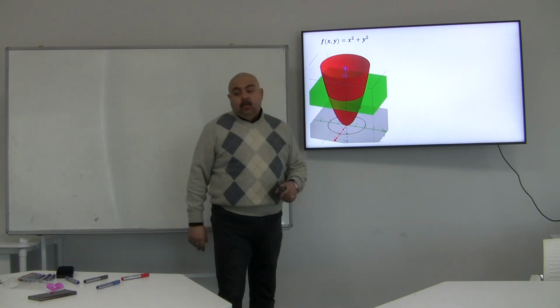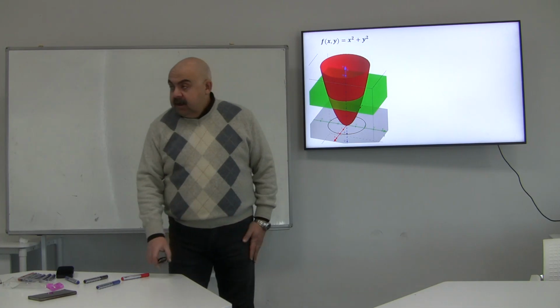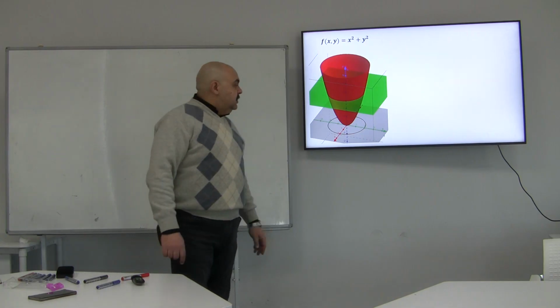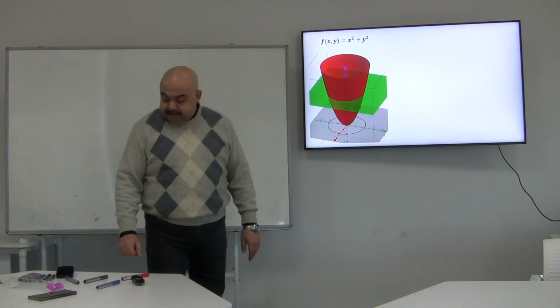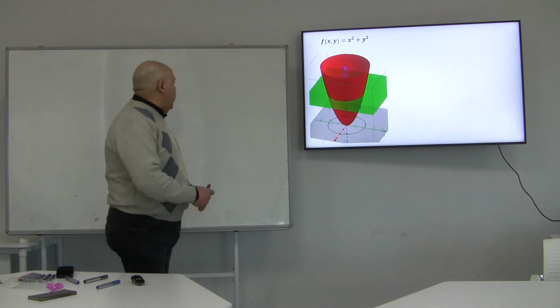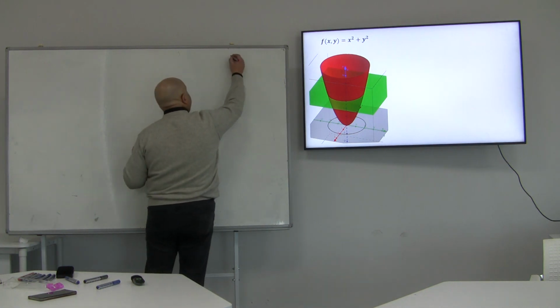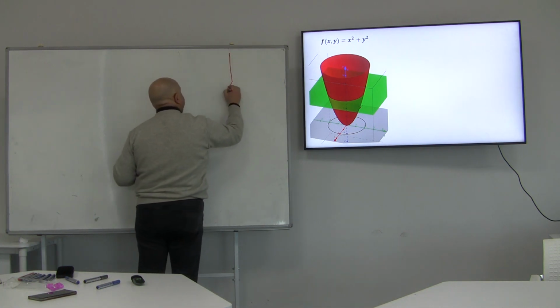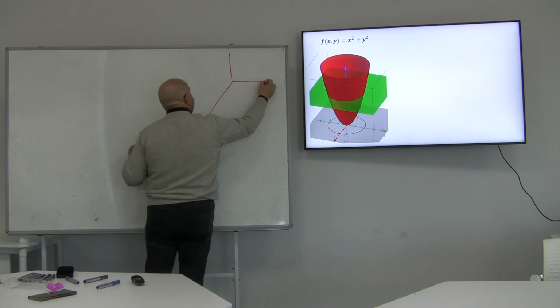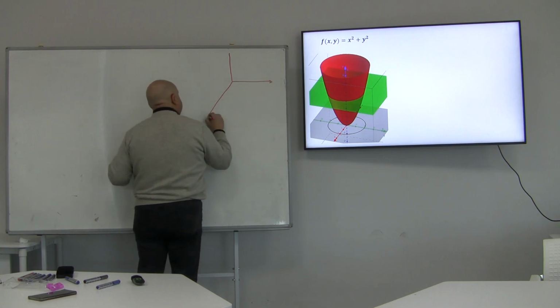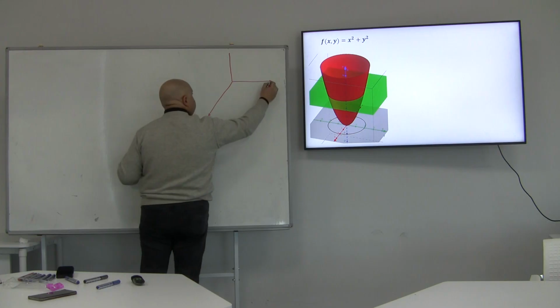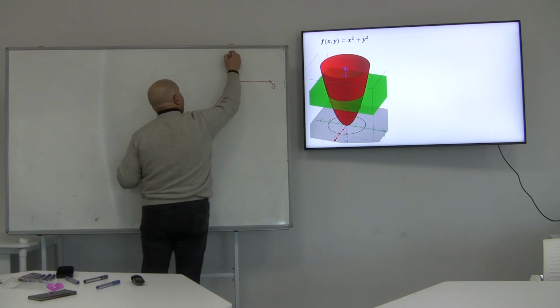One of the other examples, let me try to graph it for you. If I am in 3D, this is the positive direction of x, this is the positive direction of y, this is the positive direction of z.